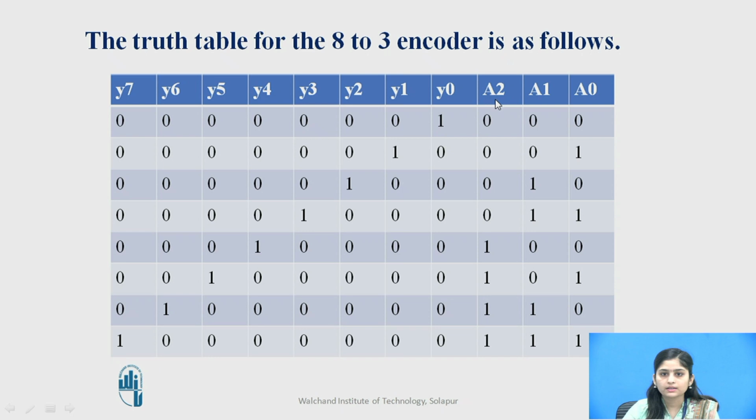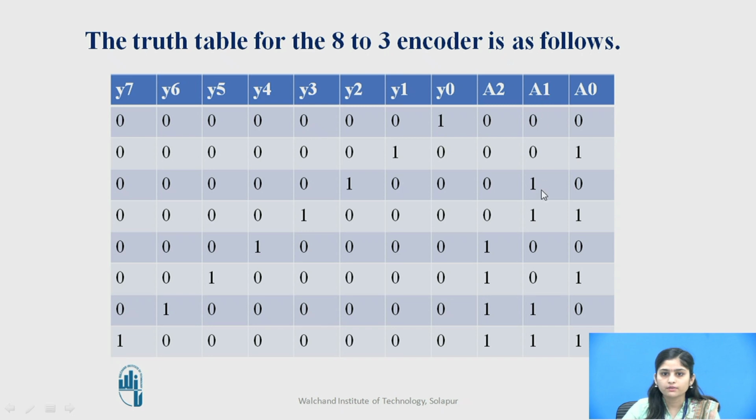Now we have to design the output expression for this A0, A1 and A2. See here, the output expression for A0 is, here we are having 1 at the input Y1. So we can write down A0 equal to Y1 plus Y3, again we are having here 1, plus Y5 plus Y7. This is the output expression for A0. Now we have to find out output expression for A1.